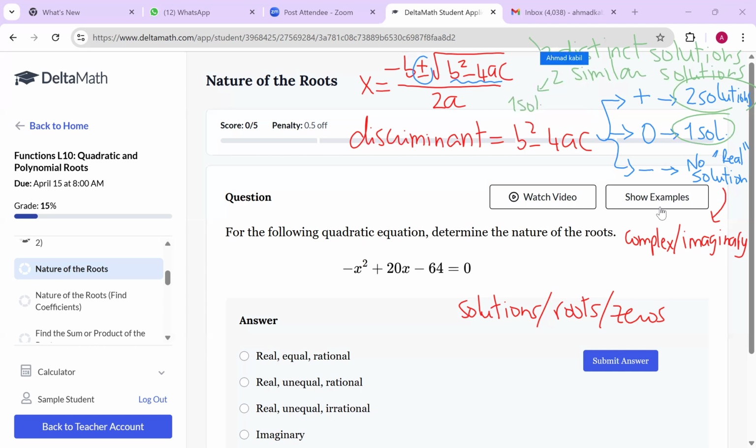Two distinct solutions means two solutions. So if you're told two similar solutions, this is the same as just one solution. Or two equal solutions, or two equal roots, or two equal zeros, this just means one solution. Let's try to apply this to the various cases.